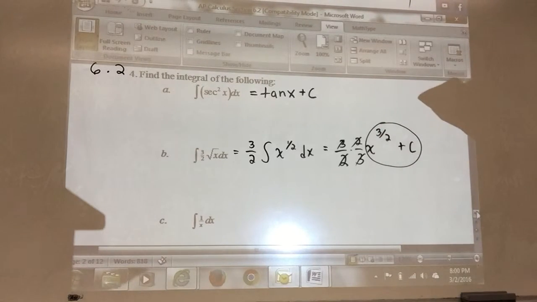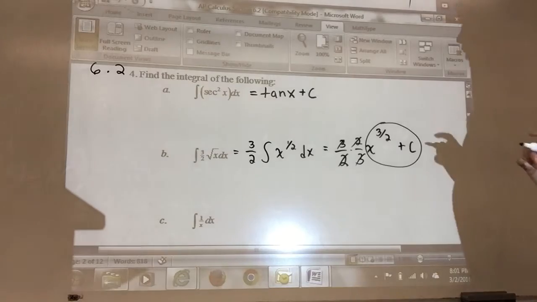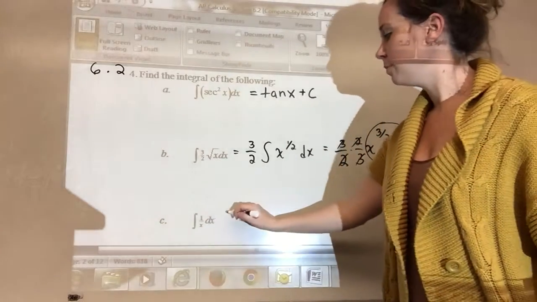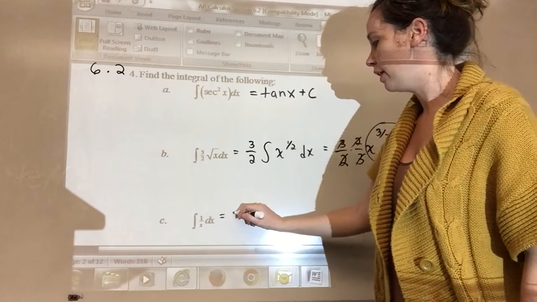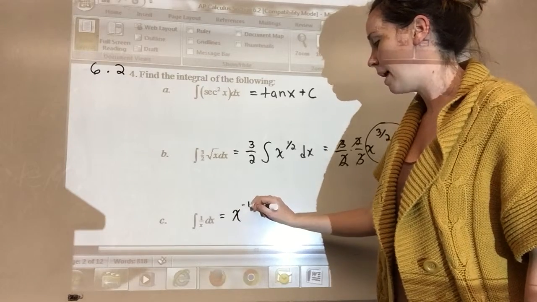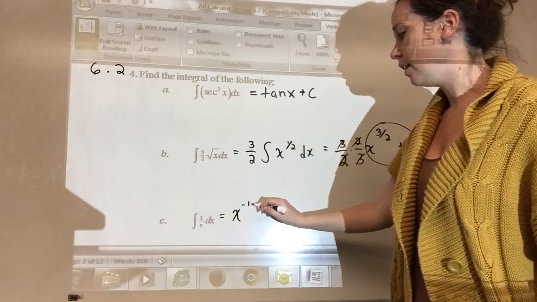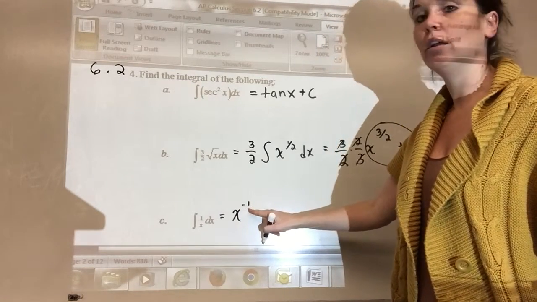Okay, part C, the integral of 1 over x. Again, think to yourself, what did that come from as a derivative? And this is one that kids mess up a bunch. Let me show you something that people do wrong. They write this as x to the -1 power, and when they write it to the -1, what happens when you add 1?